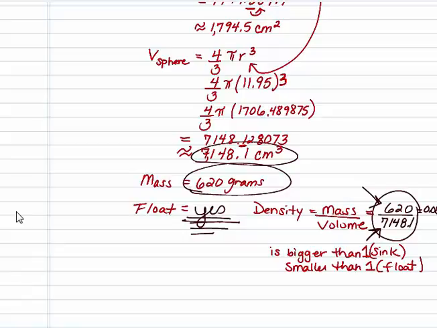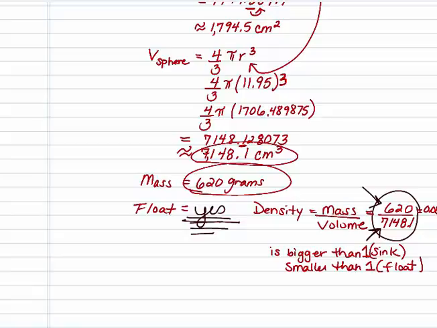So if I'm trying to find the density of this, I need the mass over the volume, and I've got to decide if this is bigger than 1 or smaller than 1. So 620 divided by 7,148.1. It's like 0.08 or 0.09.